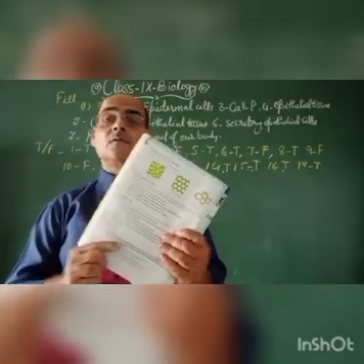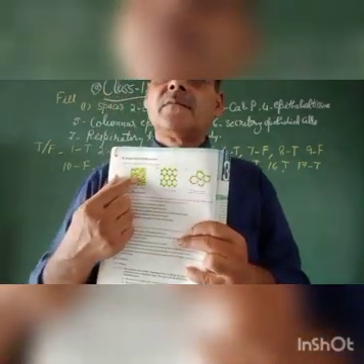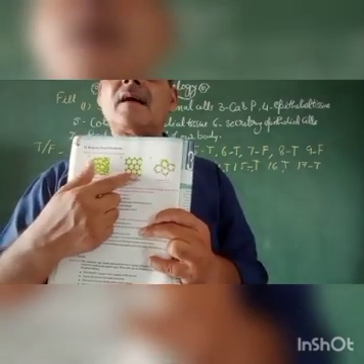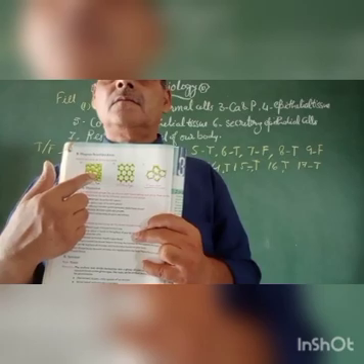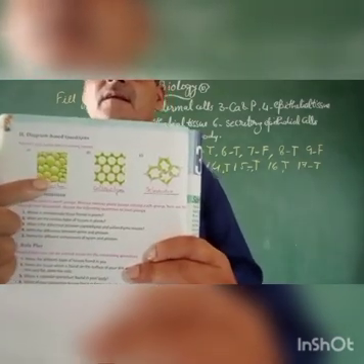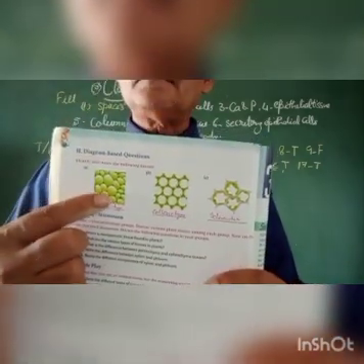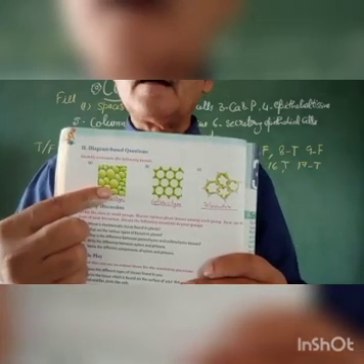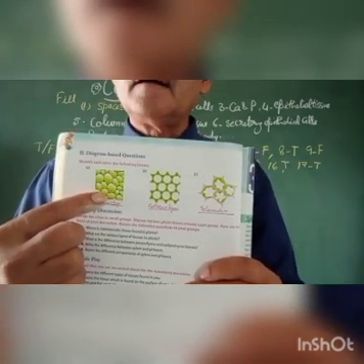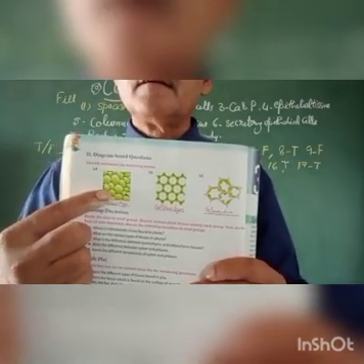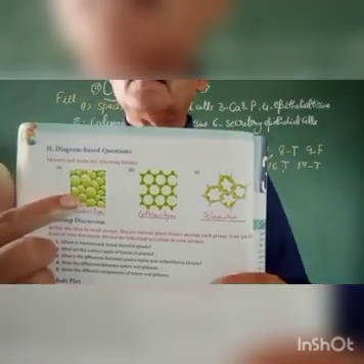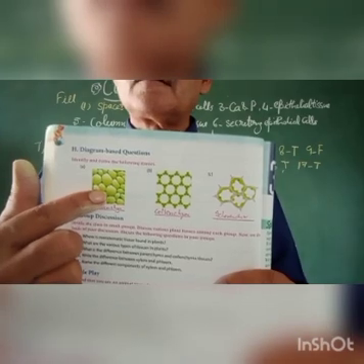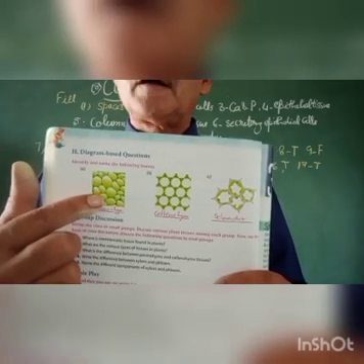You have to see this diagram. This diagram has intercellular spaces, and you have to identify on the basis of the intercellular spaces. Since these have intercellular spaces, they will be the parenchyma.